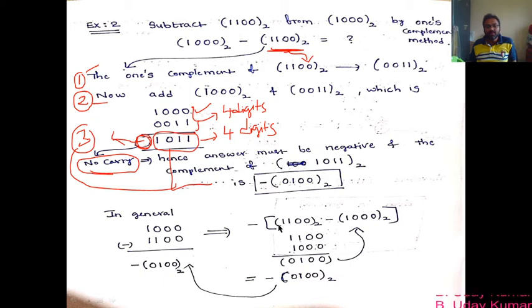Now since it is bigger and this is smaller, subtraction is easier. 1100 minus 1000 becomes 0100. But there is a minus sign here, hence I am writing that minus sign here. Whatever answer I get, I write it down here. So 1000 minus 1100 will be equal to minus of 0100.